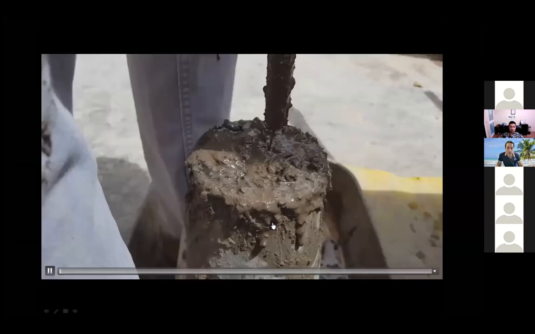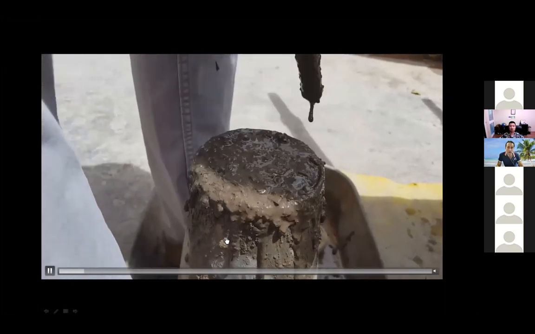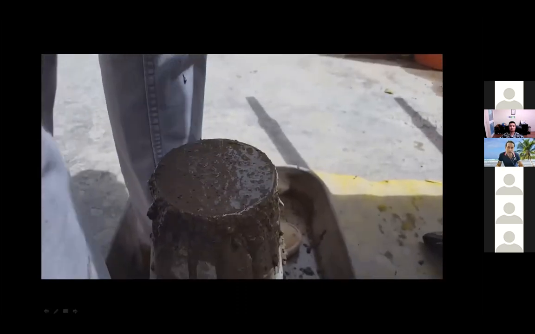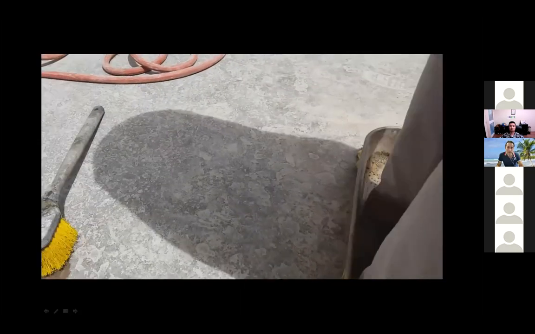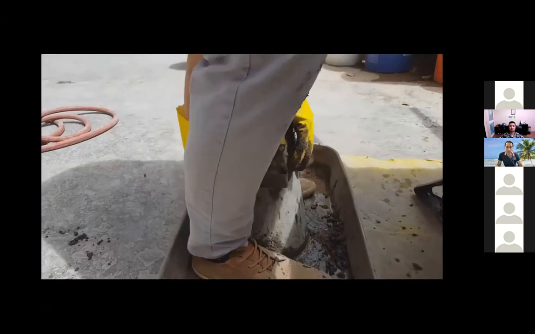But just to show you that it's a concrete like normal concrete, here is alkali activated material, or if you like to call it geopolymer concrete. It is fluidable, it can pump easily. We tested for the setting time, for the slump, for the workability.